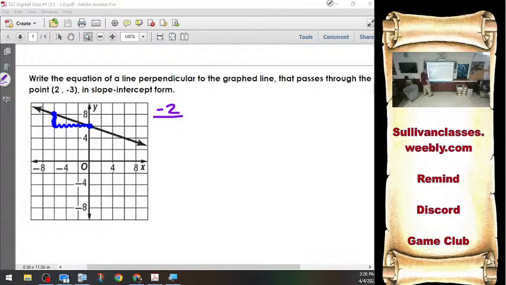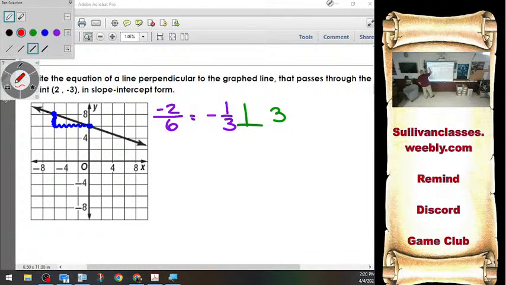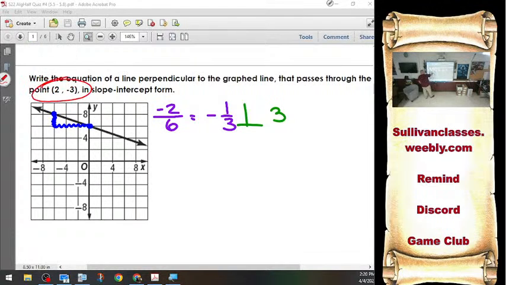Down to, so negative 2, and it ran to the right, 2, 4, 6. So if I want the equation perpendicular to that, flip it and change your sign. Positive 3. It says, go through the point 2, negative 3, be perpendicular to this. So I just found my slope.